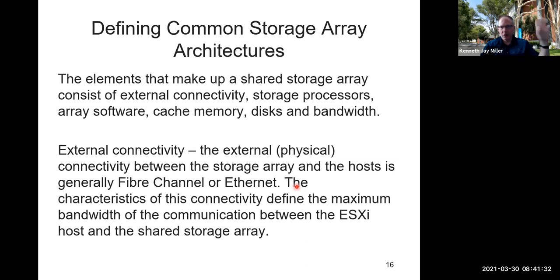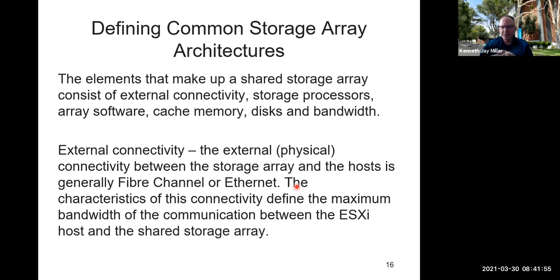So the first thing we want to look at is the external connectivity. How does our host communicate with storage, and what is that link? We want to make sure that it is robust and typically as fast as we can afford. Now, some of these systems have gradually increased the minimum requirement.